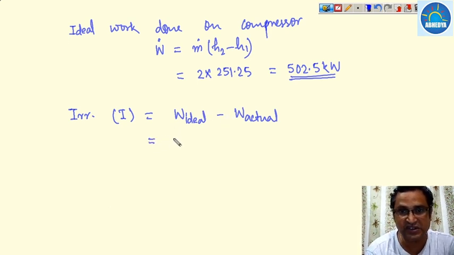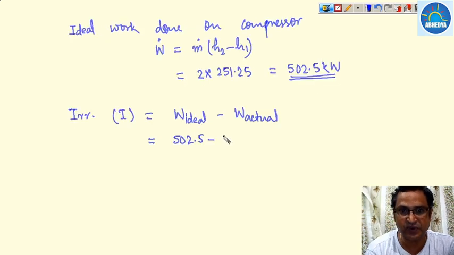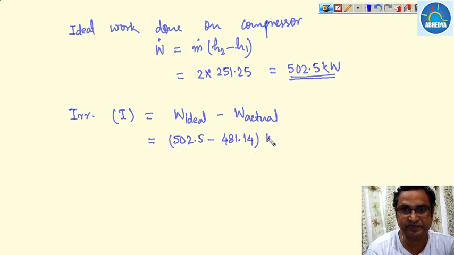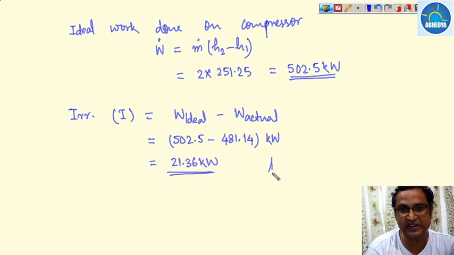So the ideal work is 502.5 minus the actual work, given as 481.14, so this much kilowatt. So irreversibility comes to be 21.36 kilowatt. So this is the irreversibility, and this is again an answer.